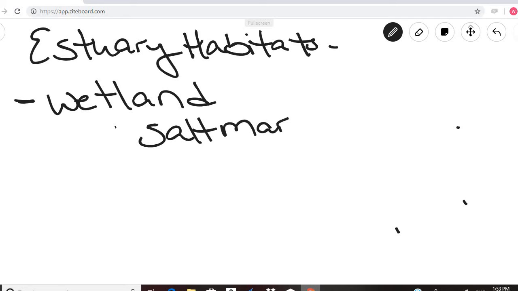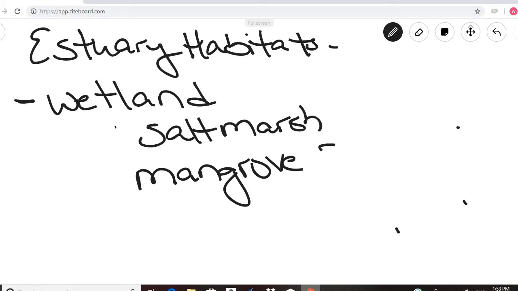And another type of wetland that we've already talked about are the mangrove forests. And there's different types of mangroves, but you may remember that we talked about how those mangroves, as sediment moves in around them, can actually form islands.